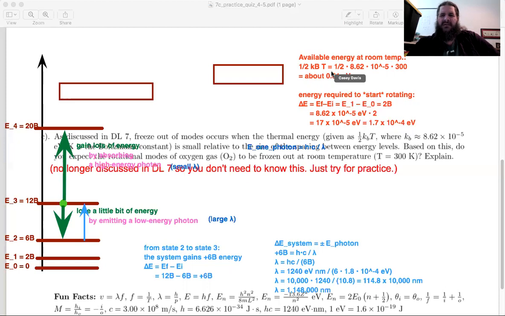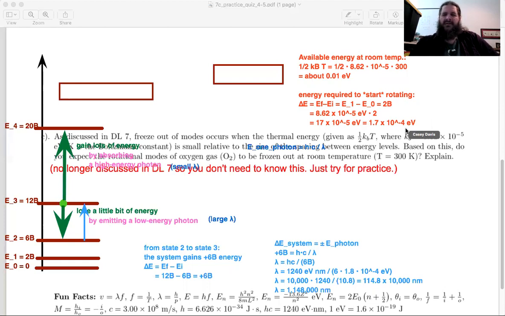So the energy available is way more than the energy needed to make it rotate. That means it will be able to rotate. So at room temperature, we can assume that the rotational modes are active. The oxygen molecules can rotate and will rotate if the temperature is around 300 Kelvin. In fact, they would have to be at a much lower temperature in order to not be able to rotate. If the energy per mode is less than the energy required to get to the first excited state, you can assume that everything's in the ground state. But if the energy available per mode is way more than that, you can assume that everything's rotating.